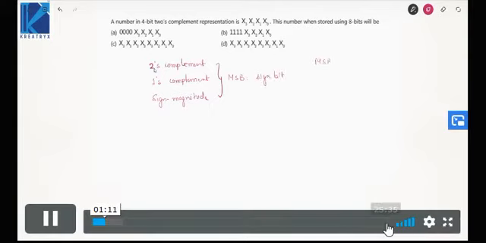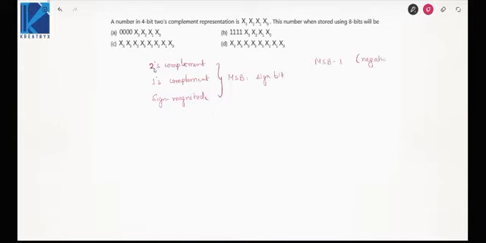If MSB is equal to 1, the number is taken as negative, and if MSB is 0, the number is taken as positive.